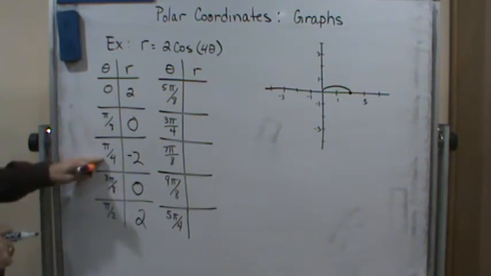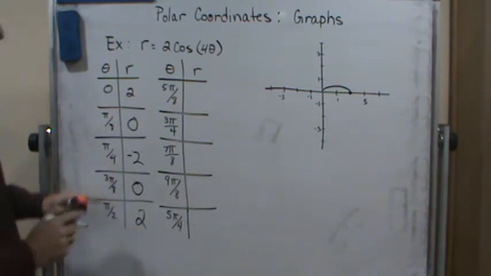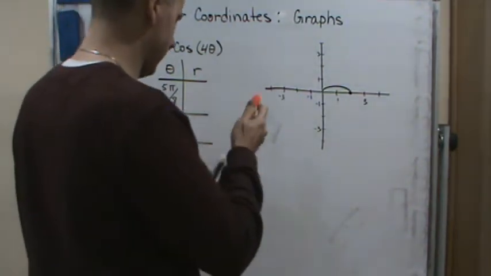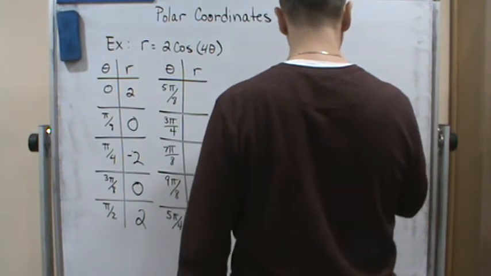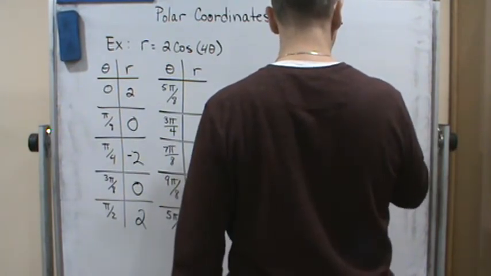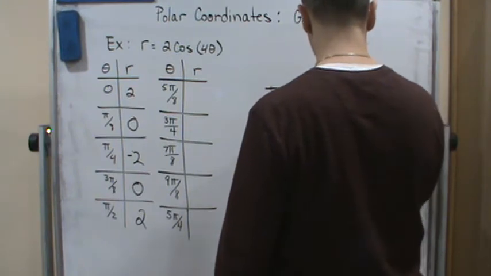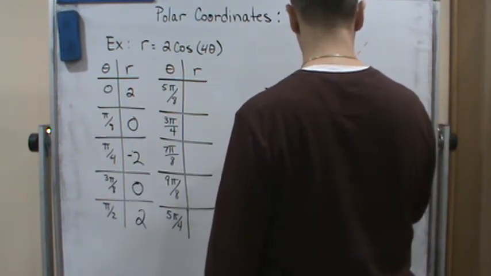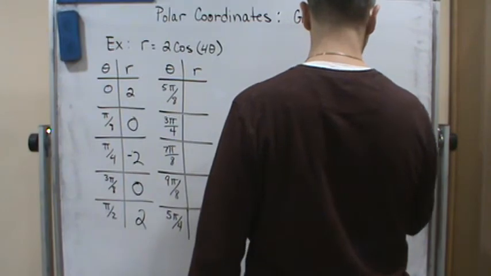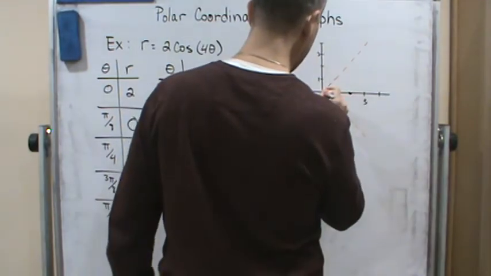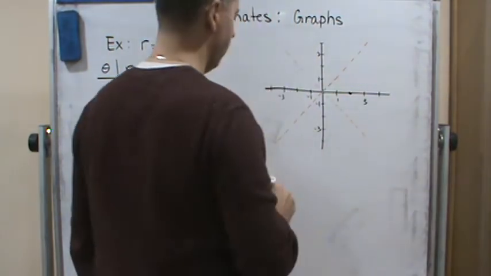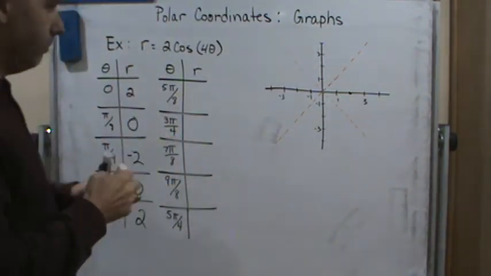And then at pi over 4, I'm at negative 2. So let's do this. Hold on a second. Let me erase this here, because I got to put my lines in here. Okay.